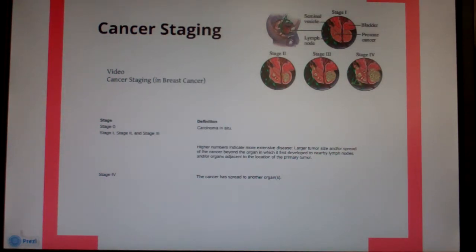It's pretty simple, and it really depends on what you're looking at. Up here, for example, it'll say stage 1, stage 2, stage 3, and stage 4. But if you look down here, you also add in stage 0, which means carcinoma in situ, as in it hasn't gone anywhere at all.